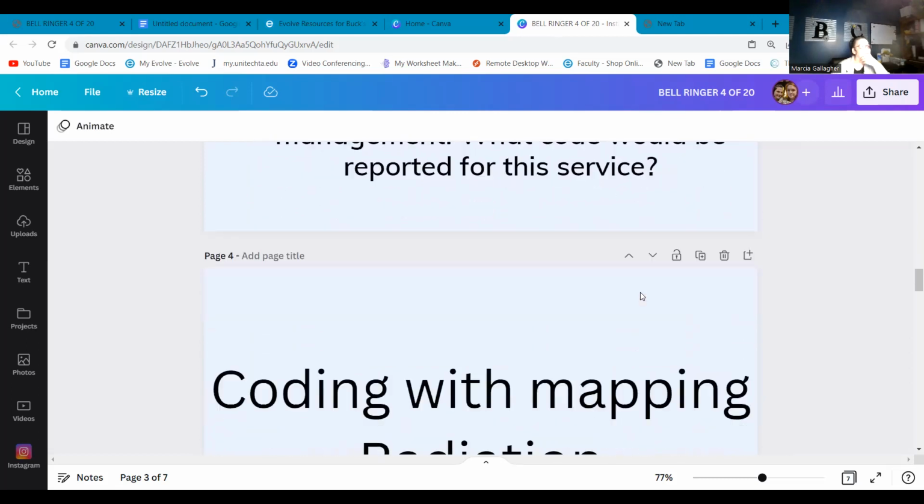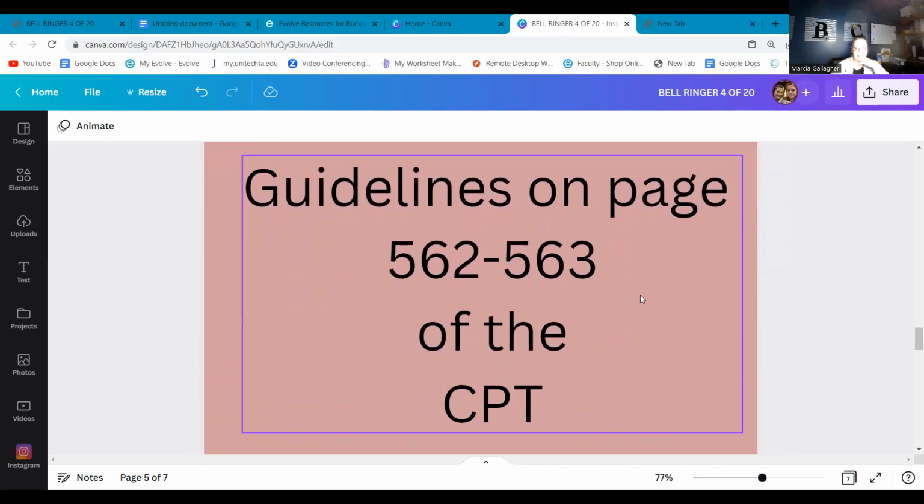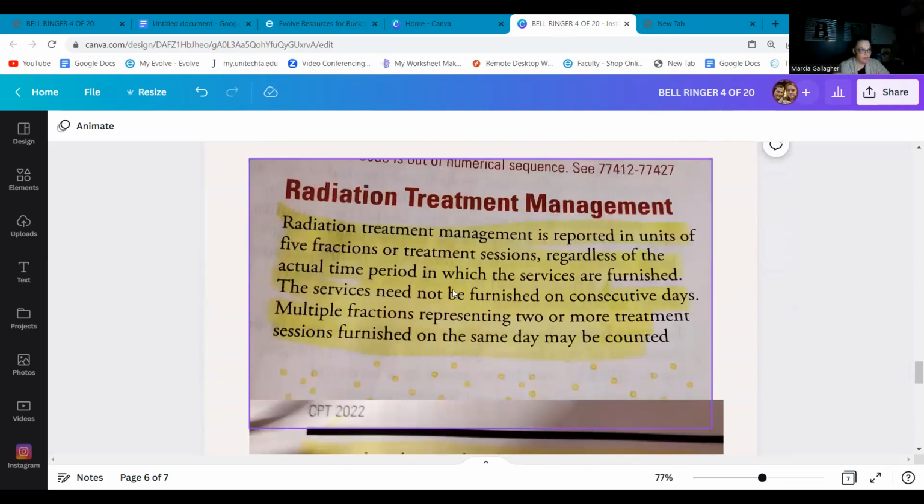All right. We're going to look at our guidelines in the CPT that are found on page 562 to 563. And remember, if things seem complicated, then we're going to go slow because this is a little bit complicated. Remember, we're looking for the second week for 3 treatments. What's our code? Okay, so let's read our little guideline here.